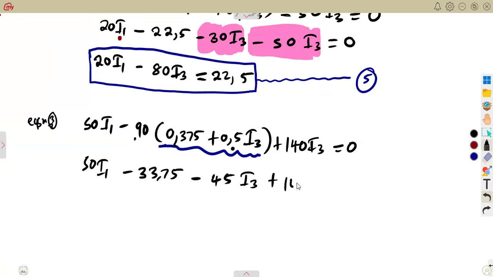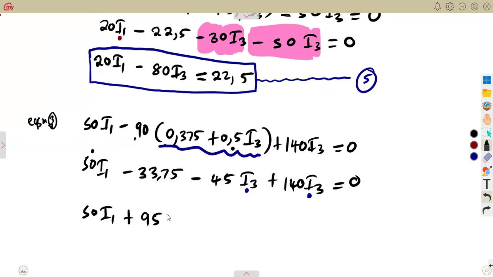From this stage, you can notice that we have got the same situation like what we had here, where we had to collect the like terms. So we've got the 50 I1, then considering I3, there is I3 there, there is also I3. So that's minus 45 plus 140. On your calculator, 140 minus 45 is going to be 95.